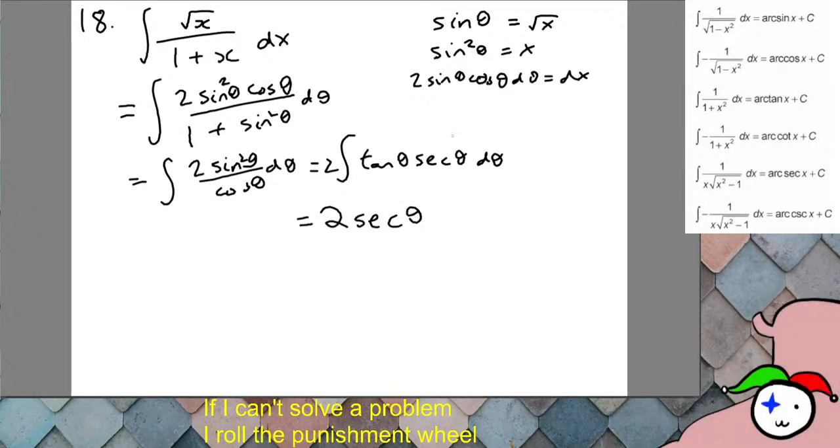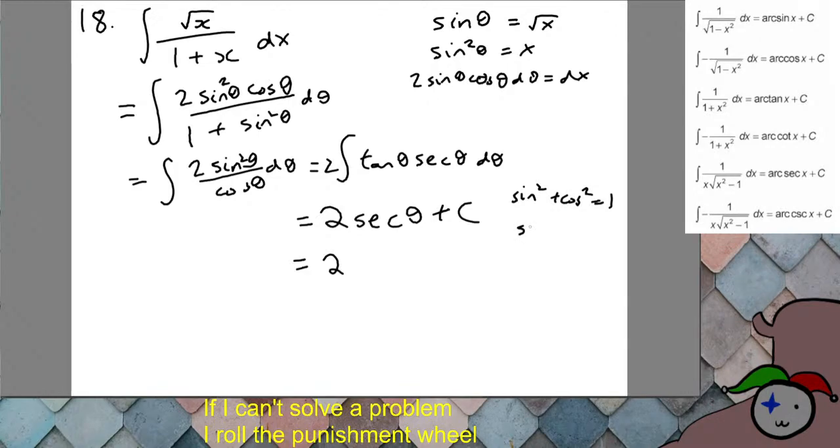So cos 2. So if you remember, sine squared plus cos squared equals 1. Cos equals square root of 1 minus sine squared over 2. No. Just that.